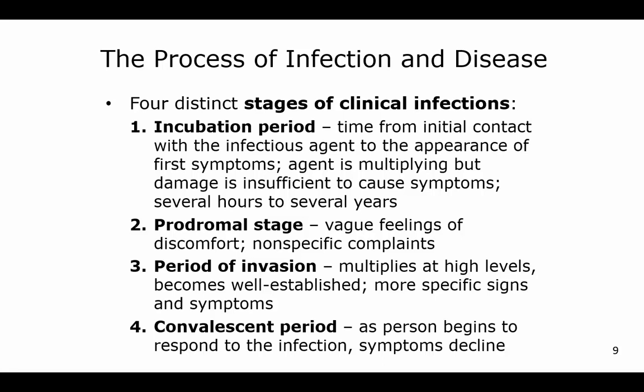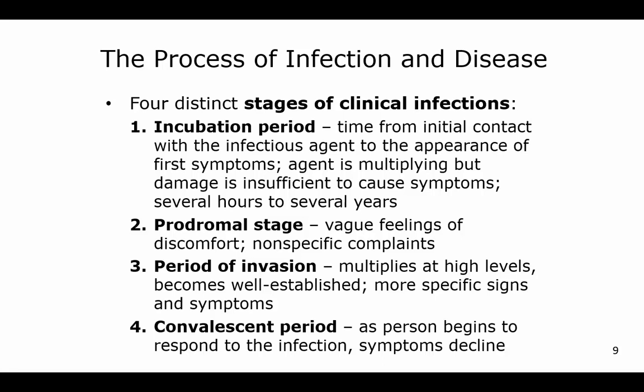So the 4 distinct stages are, number 1, incubation period, number 2, prodromal stage, number 3, period of invasion, and then number 4, convalescence. So what occurs during incubation? Well, this is the time from your initial contact with the infectious agent to when you actually begin to see the first symptoms.